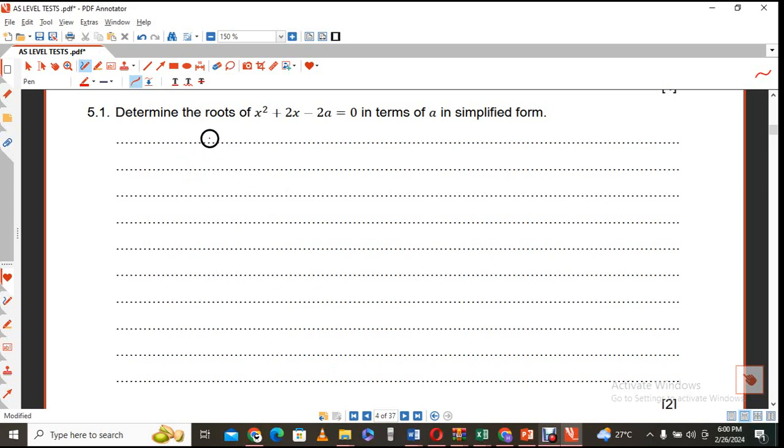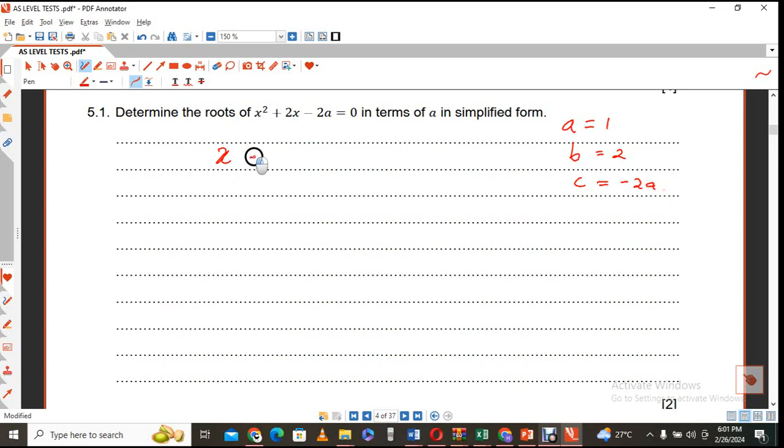So again, using my quadratic equation formula, it is very important that you identify the values. The value of a is 1. The value of b is 2. And the value of c is minus 2a.